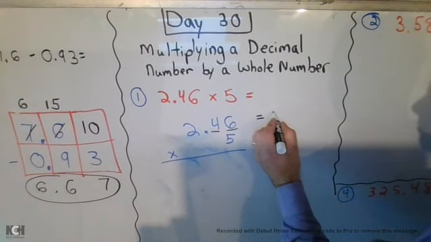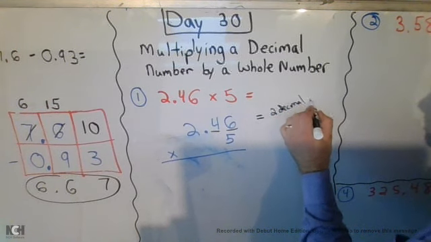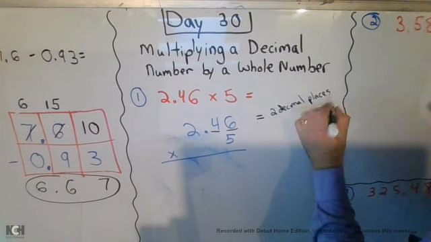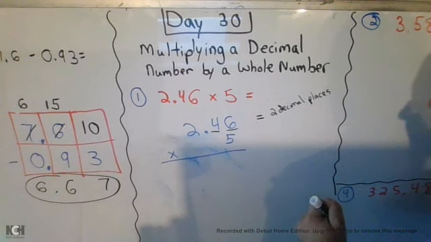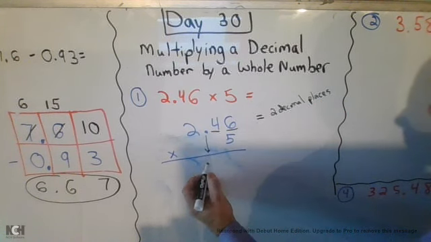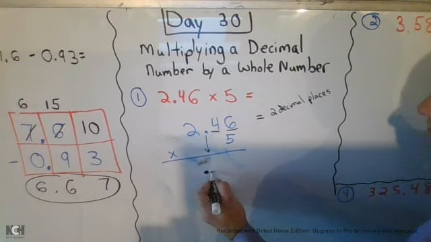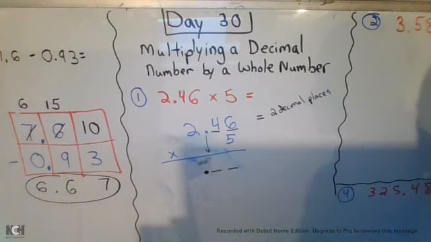So I'm just going to write myself a little note saying 2 decimal places. Okay? So what that also means is I need to bring that decimal down and remind myself that my solution should have 2 decimal places.